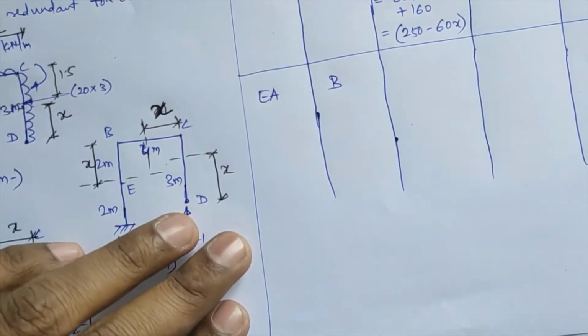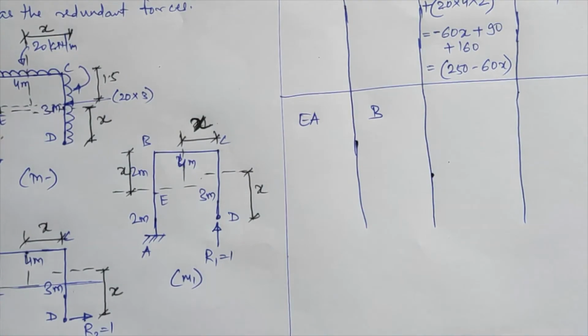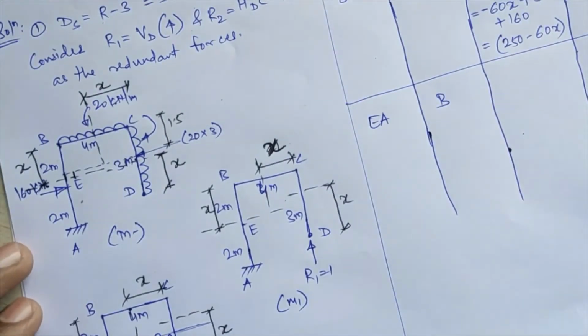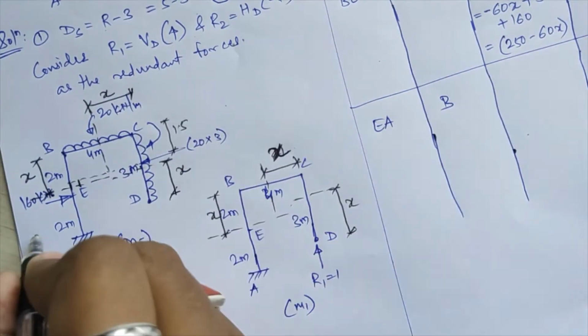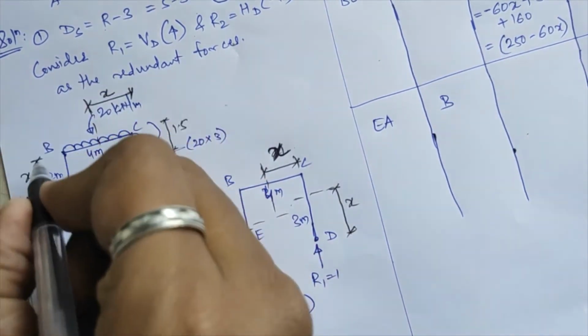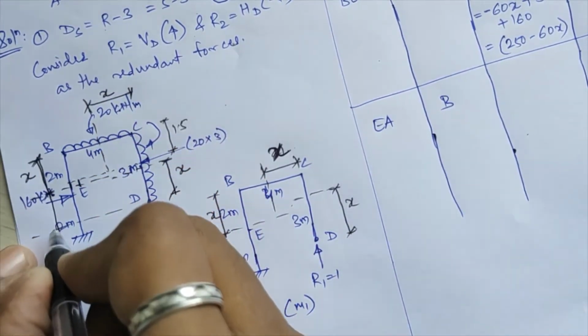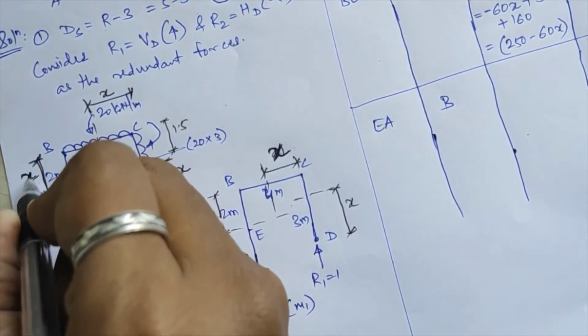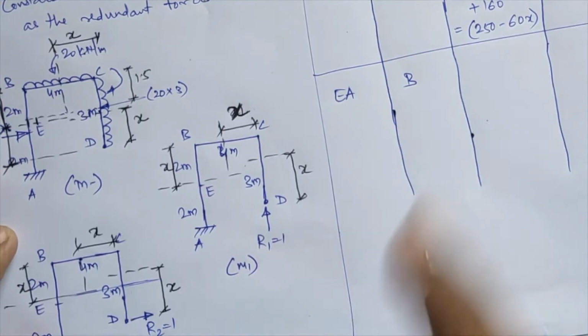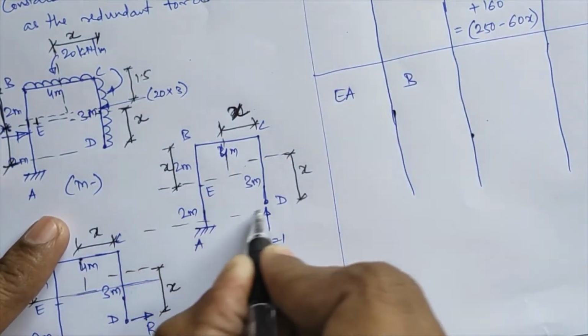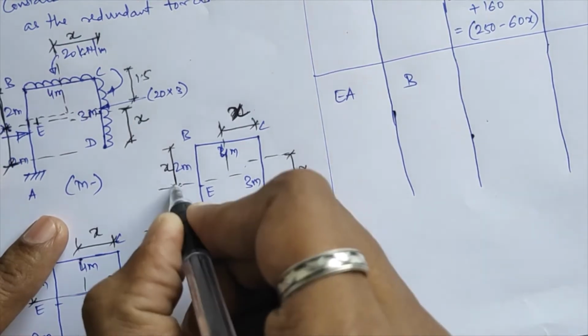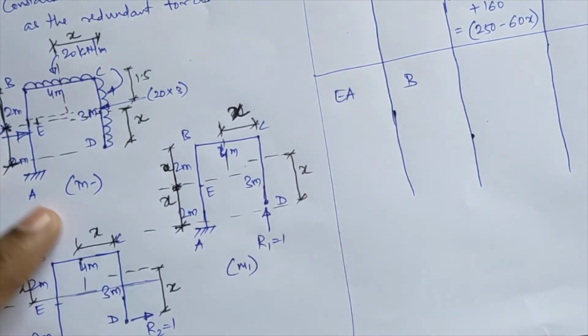Now we'll again see your moment values over there. So what you have to do, you have to cut the section in this portion EA again at a distance, same section I will extend, at a distance x over there. Same way here also I have to cut the section in this portion. Now your section is from x length.